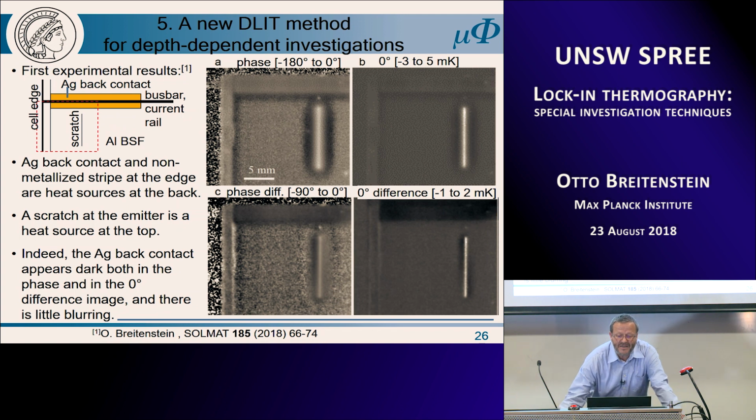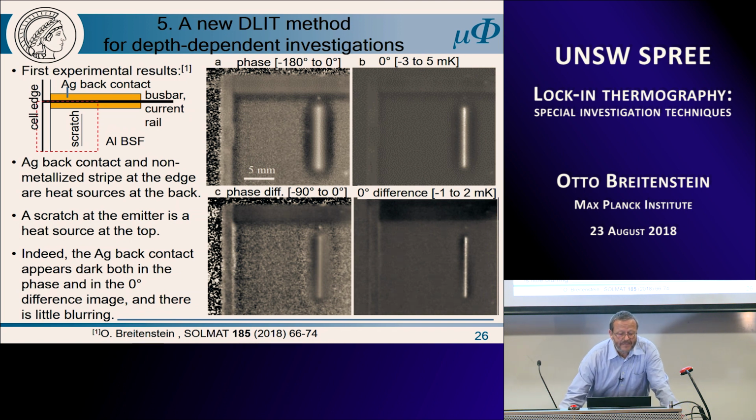So here the imaged region is close to the edge of a solar cell. And here we have a bus bar, yes, and below the bus bar is the silver back contact. This was a standard technology cell, and we know that the silver back contact has a high recombination velocity, so it represents a heat source at the lower surface of a solar cell.